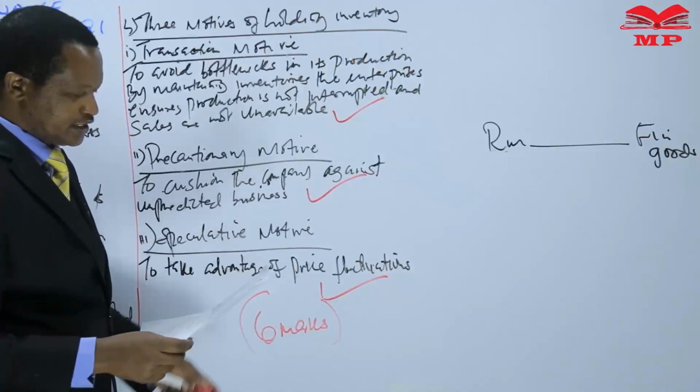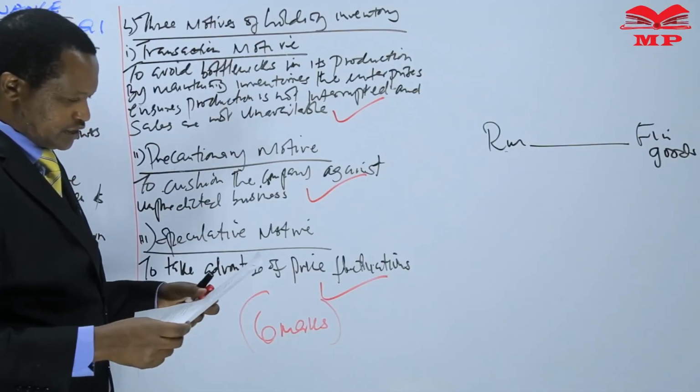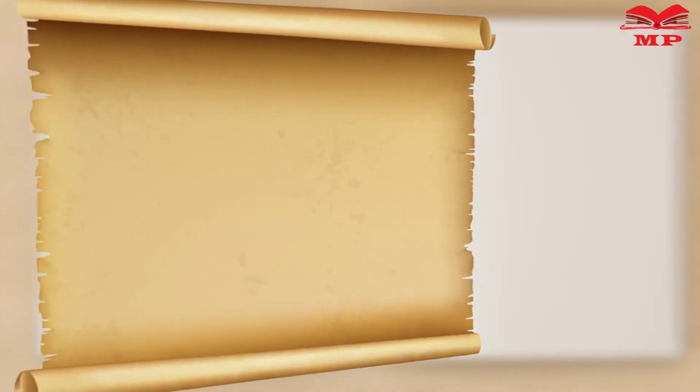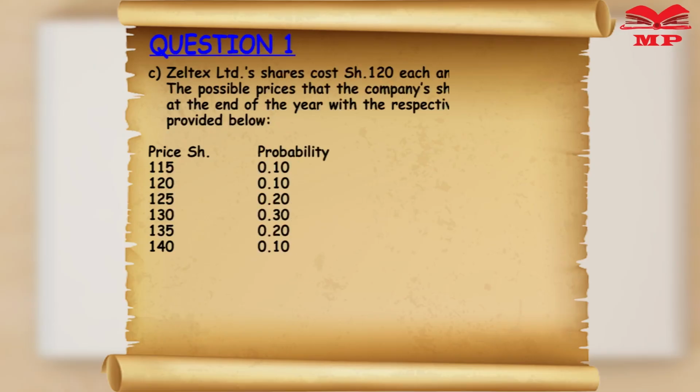So having done part A and B, we can now move on to answer part C. Let me read it. It says Zeltex Limited shares cost 120 shillings each and pay no dividends.